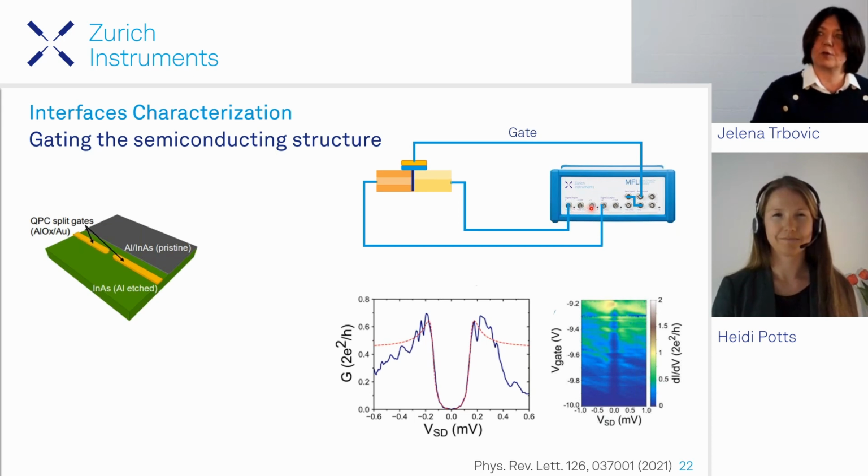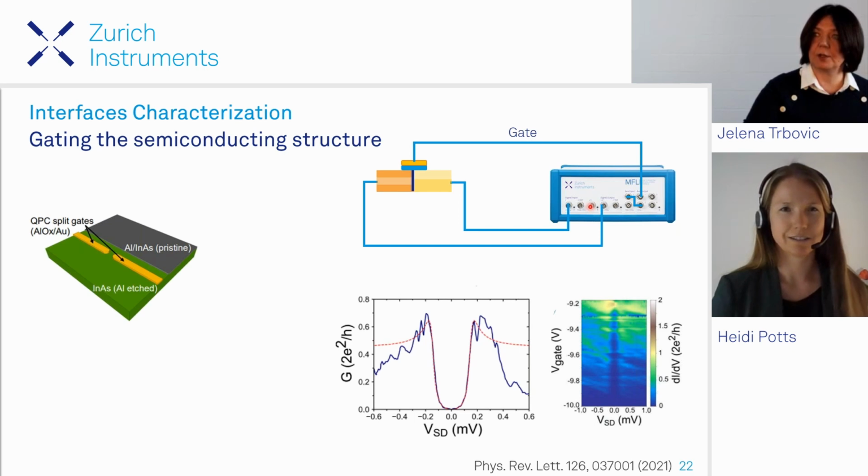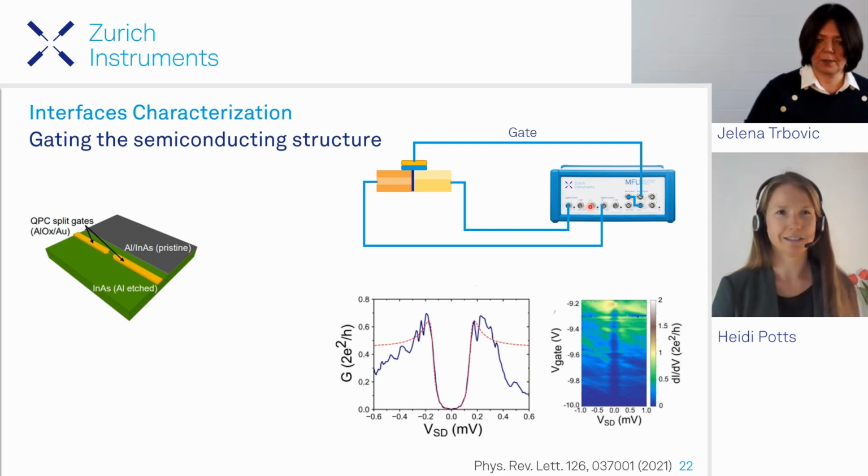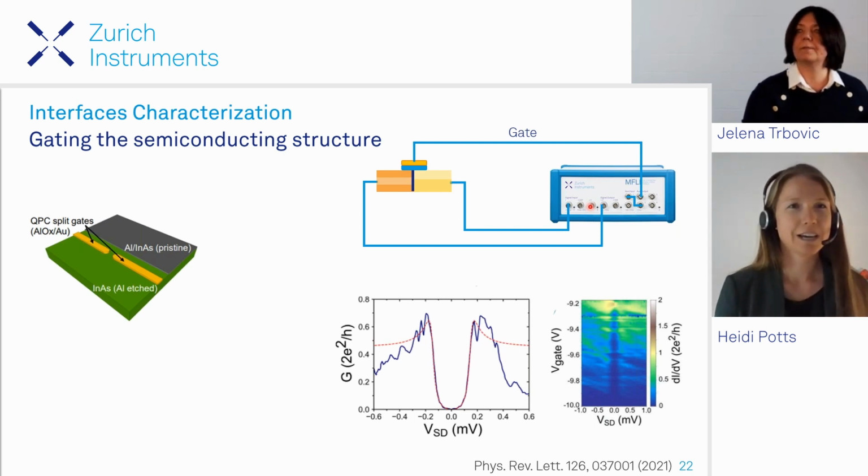And of course, with the MFLI, we can use these differential voltage inputs as well, in more complicated structures where we have additional ports, to actually measure four terminal at the same time. Okay. So this is indeed possible. Okay, that's good to know.